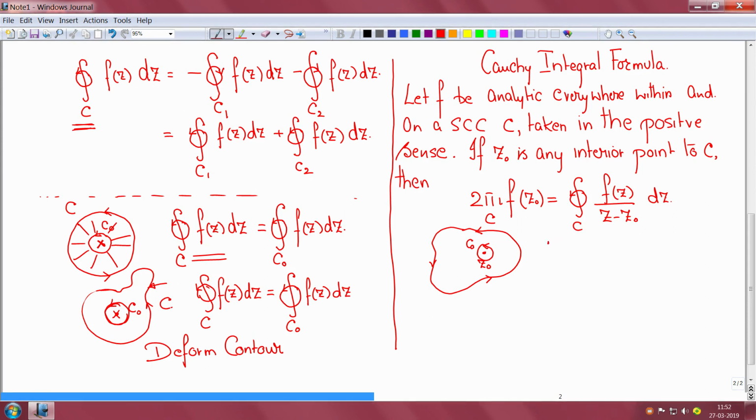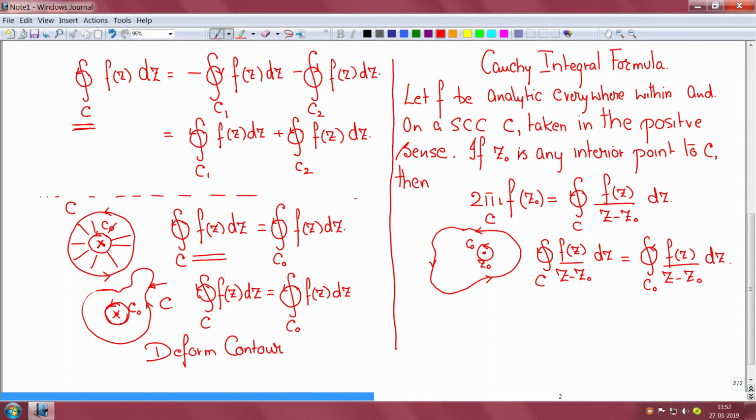So, this particular integral of f of z by z minus z0 dz counterclockwise on C is identical to the integral taken counterclockwise on C0 of f of z by z minus z0 dz.